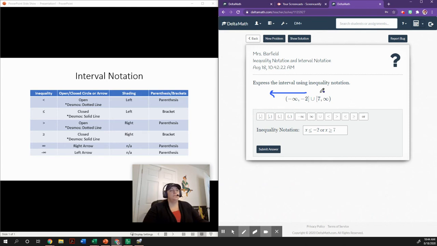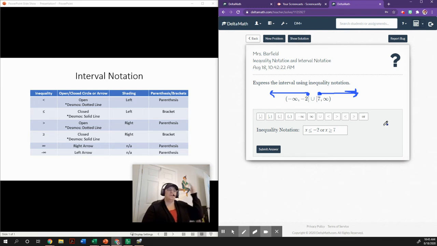Okay, imagine where 7 is on the number line. This picture would go that way towards positive infinity. Okay, and then this bracket is telling me what type of circle, closed or open. So since I have a bracket, it's closed. So that would be a solid circle. Oh, I didn't do too bad there. Solid circle.